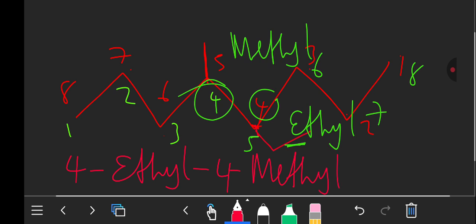Then I put the parent name, which is octane. So it is 4-ethyl-4-methyl octane. That is how you name this compound. Okay. Now, what if you have a certain alkane?